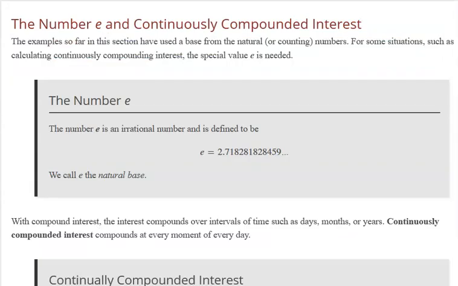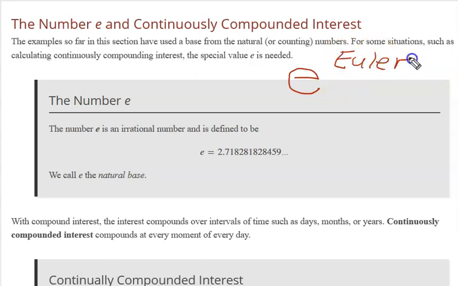All right, continuing, we have something we may have mentioned earlier in the course, and that is the letter E. Now, this letter E is named after or is related to a very famous mathematician called Euler.